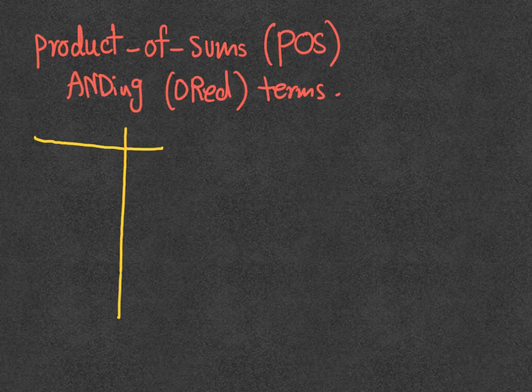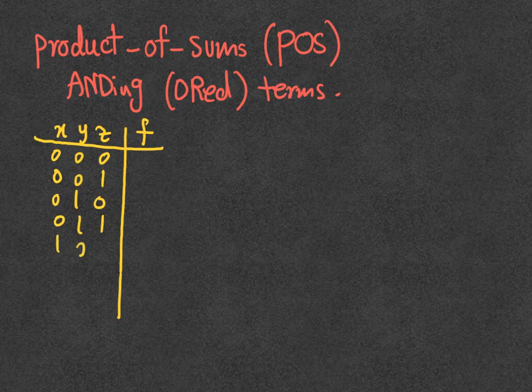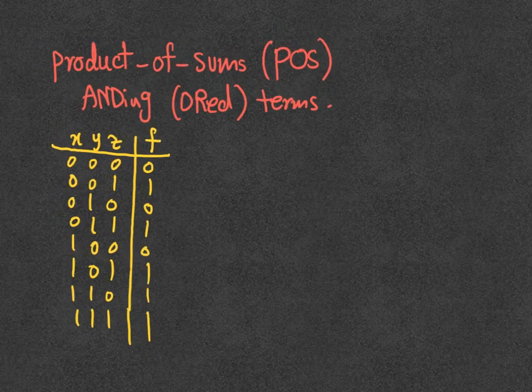You draw the truth table. So let's say these are your inputs: 0, 1, 2, 3, 4, 5, 6, and 7. And then the output is going to be 1, 0, 1, 0, 1, 0, 1, 1.